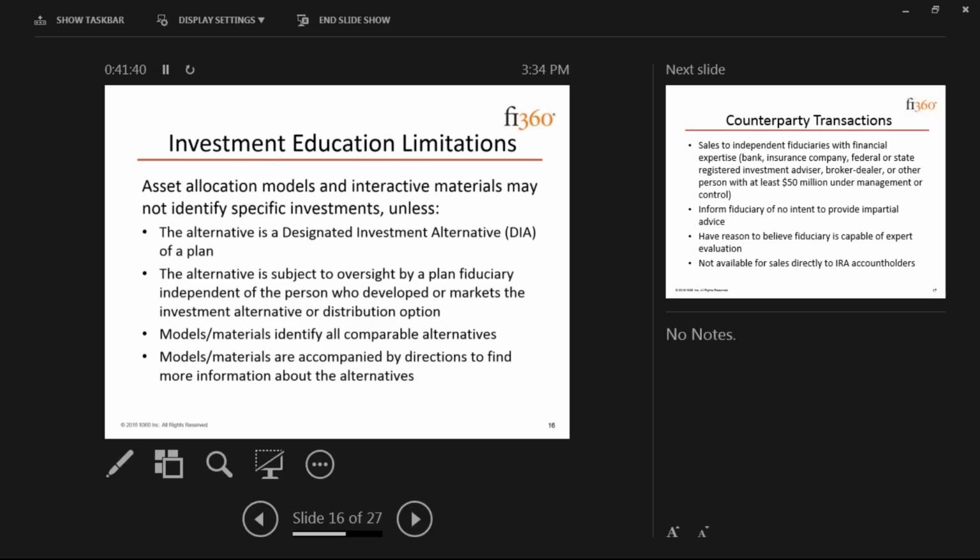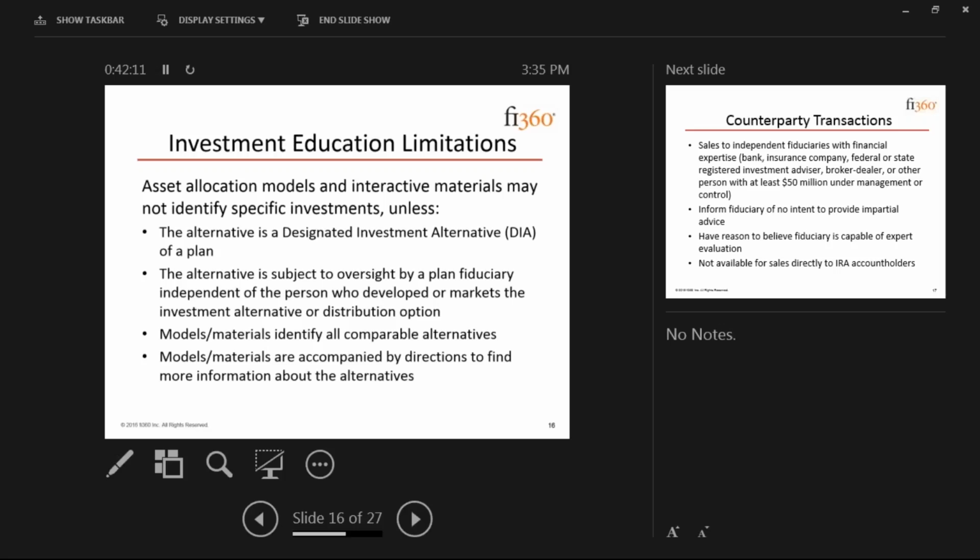So it's trying to make sure there's an arm's length relationship between what's being discussed as a possible investment way to go, and that the plan fiduciary is making sure there's objectivity in how that's being done. The models and the materials being used for the educational purposes identify all the comparable alternatives and also point to where you can get more information about the alternatives.